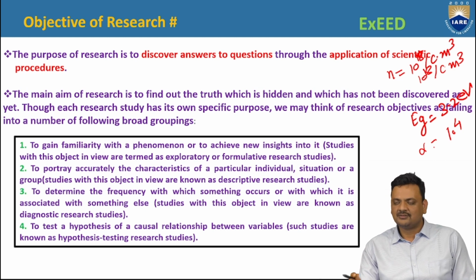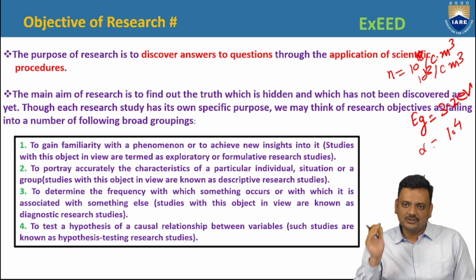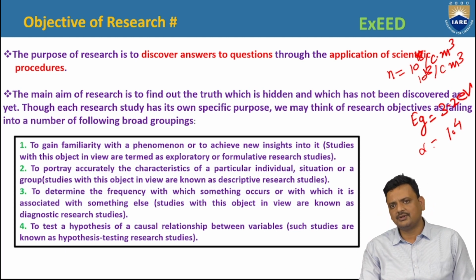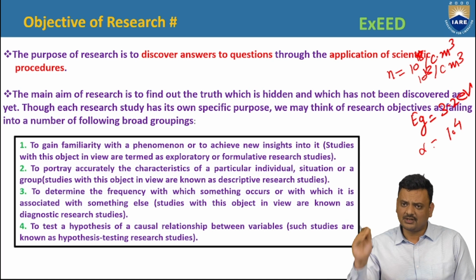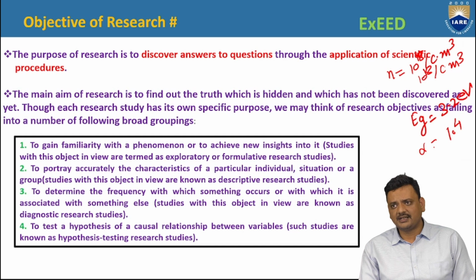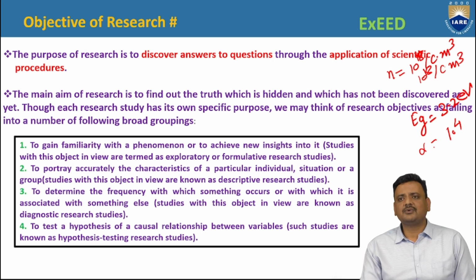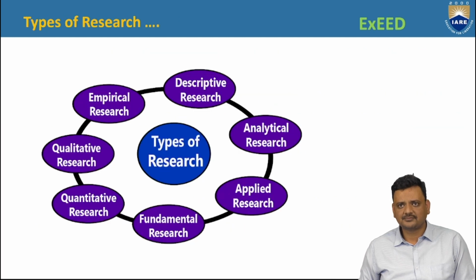So for searching a new transparent conducting material, we need to explore several materials. We need to calculate their free charge carrier density, their band gap, and their absorption coefficient. And we are testing the hypothesis. This type of study comes under hypothesis testing research studies.